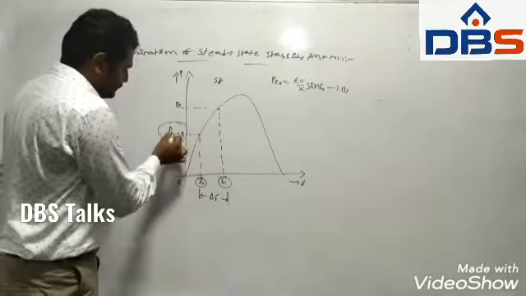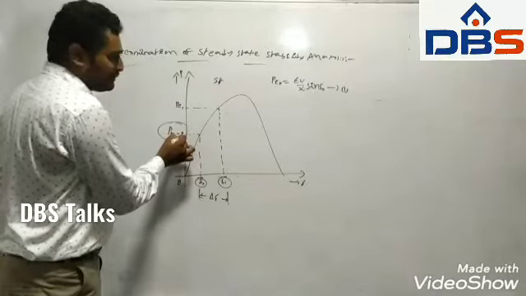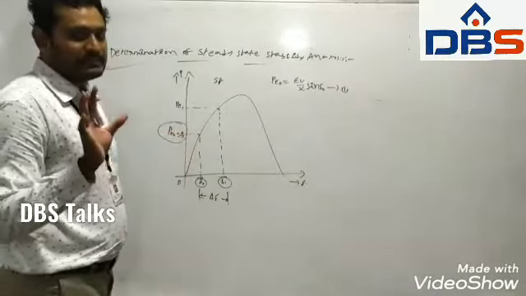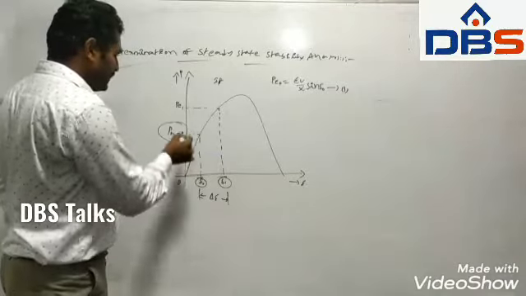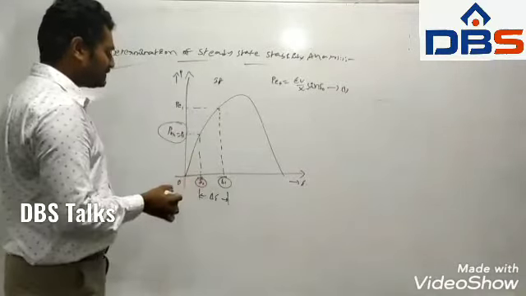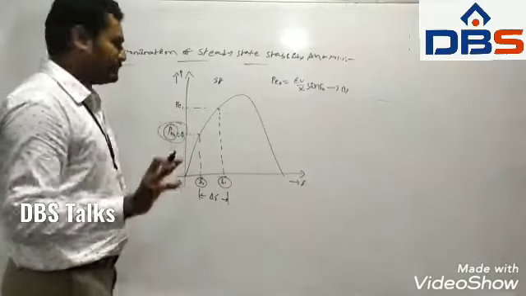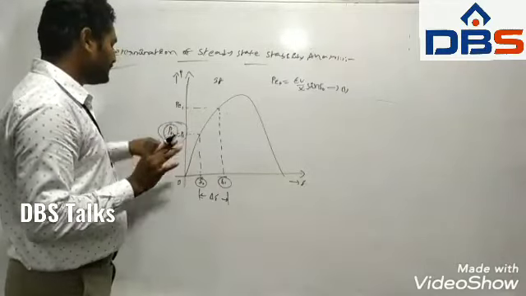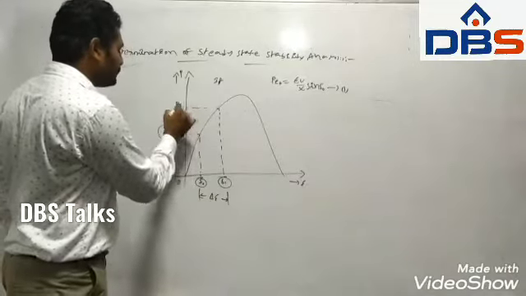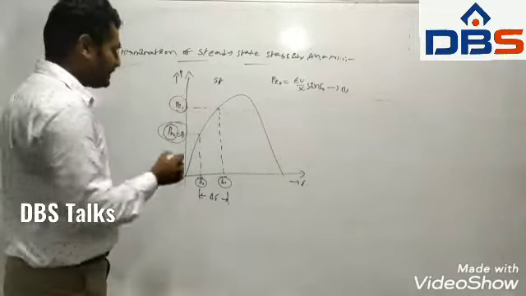The mechanical power is equal to the electrical output power only in the stable, normal condition. But here the load angle increases, the mechanical power stays constant, but the electrical output power increases to PE1 and the angle is delta 1.